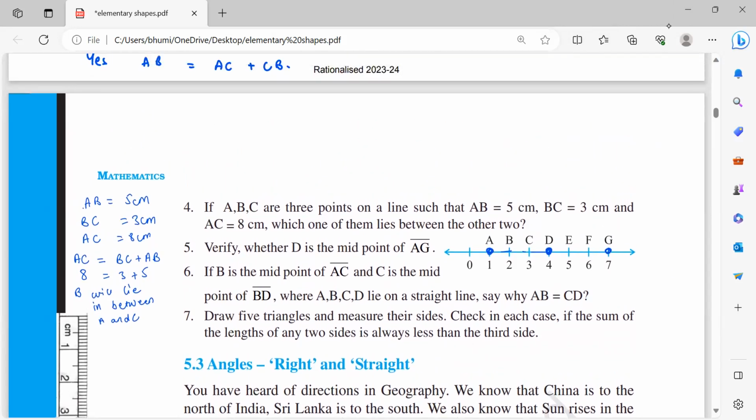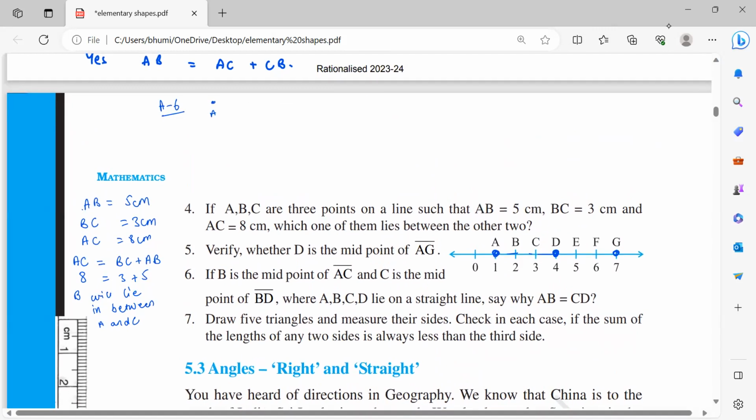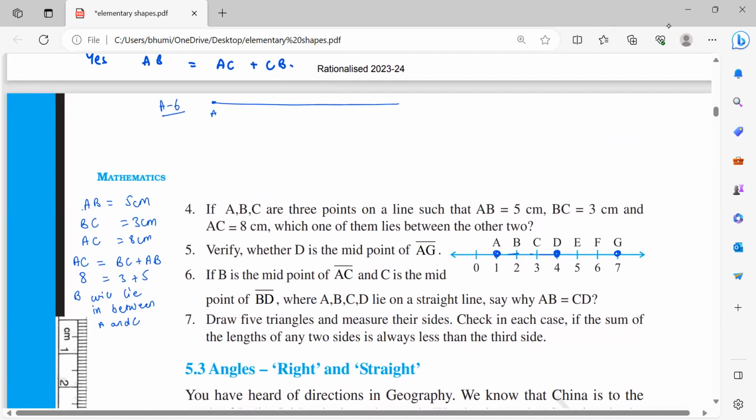B is the midpoint of AC. AC is the line. B is the midpoint of AC. And C is the midpoint of BD, where A, B, C, D lie on a straight line.